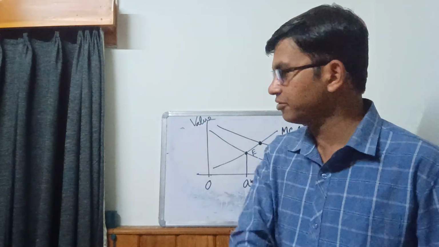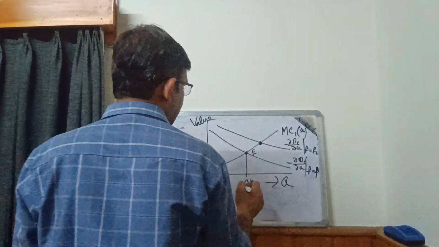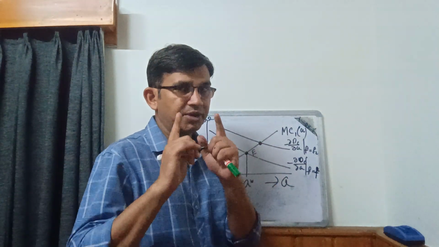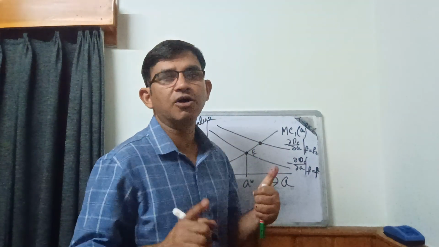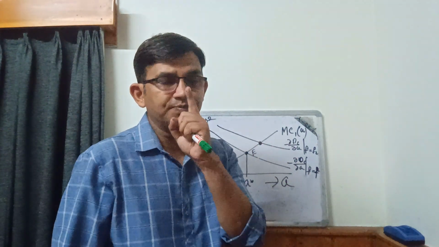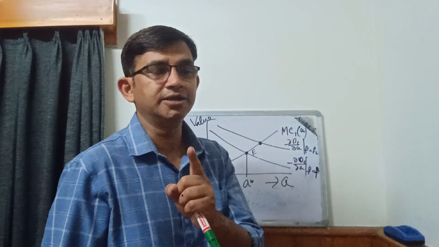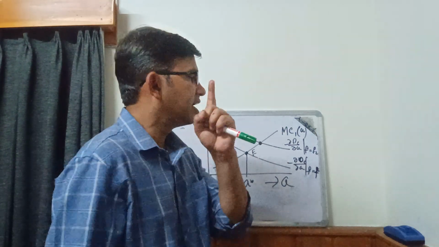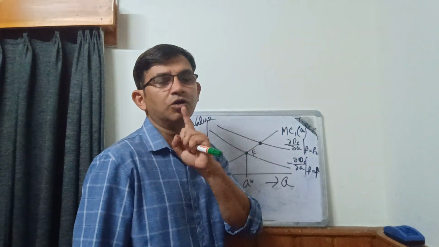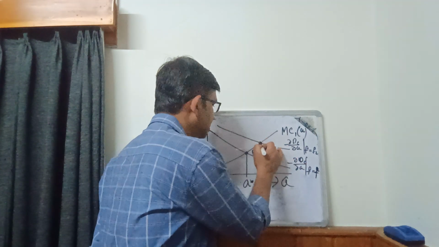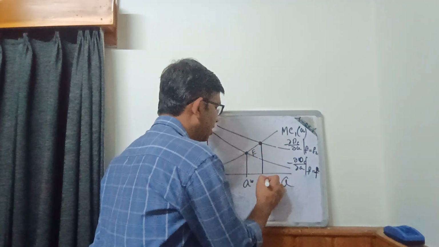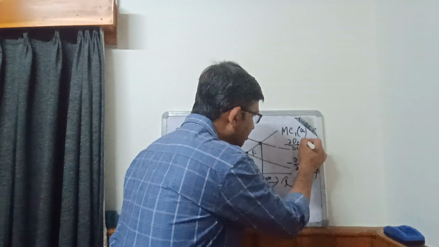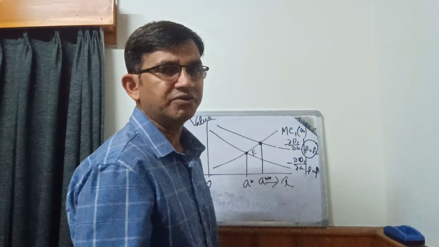So this is the socially optimal equilibrium, called the best solution. But it will not be achieved because of the problem of moral hazard. The firm is not giving the socially optimal level of effort, rather it is giving the lowest effort. So the actual equilibrium will be E double star, which corresponds to the minimum effort given by the firm.